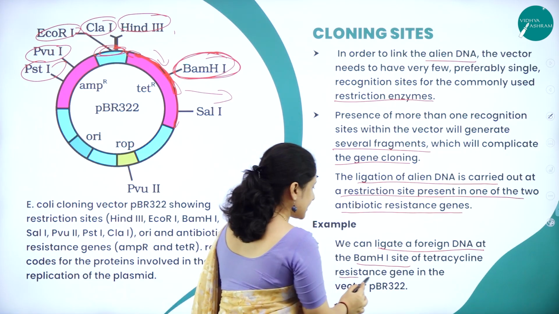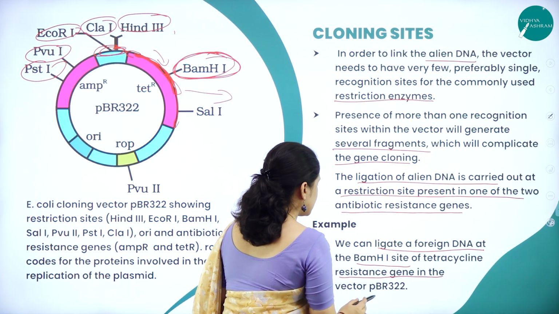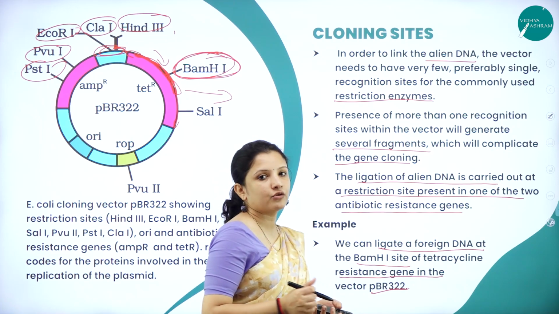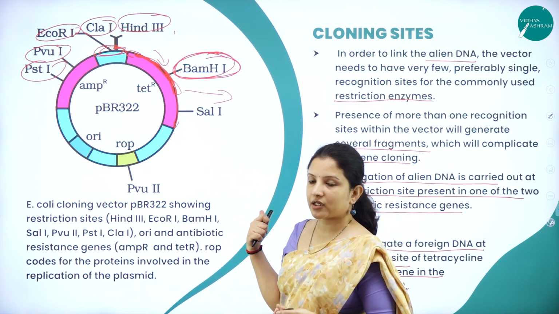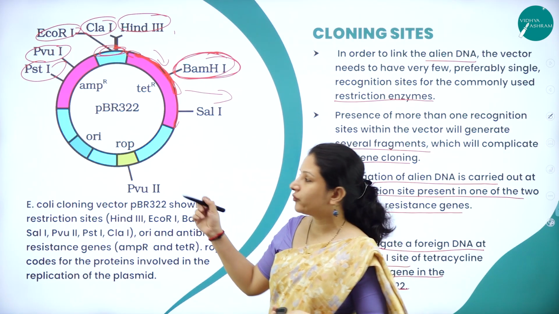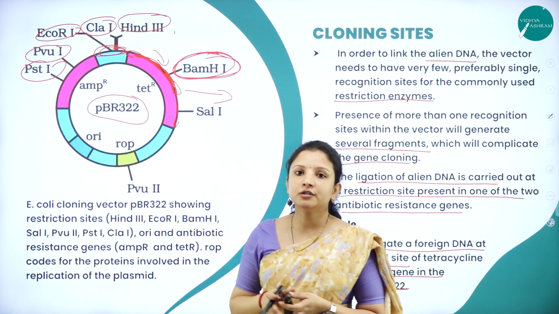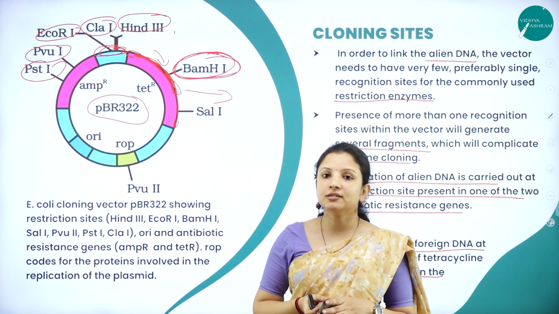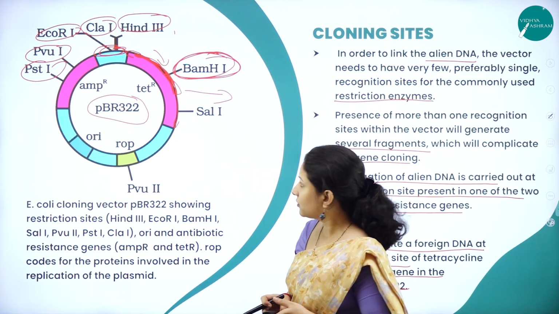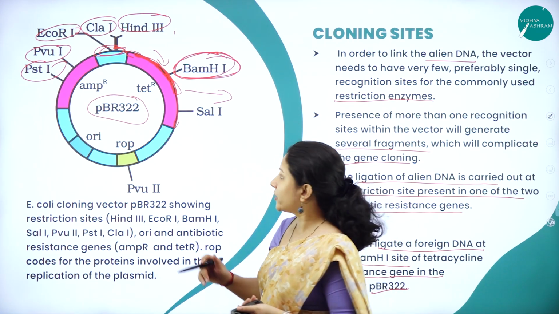Site of the tetracycline resistance gene in the vector pBR322. Here, the pBR322 vector is being considered. This is very important because in the exam they usually ask you to draw the diagram of the vector pBR322.